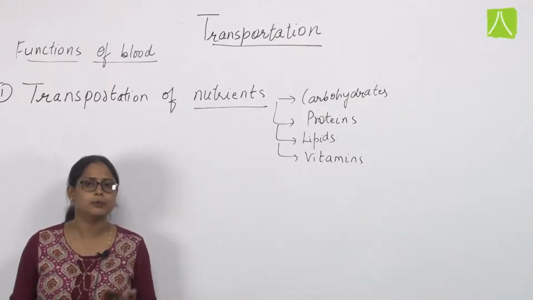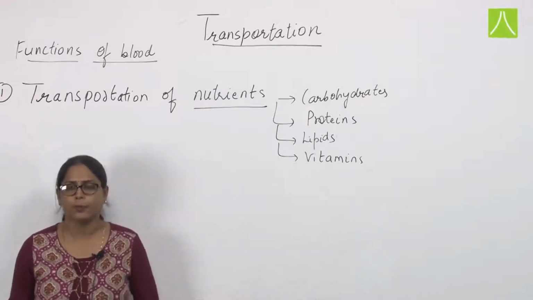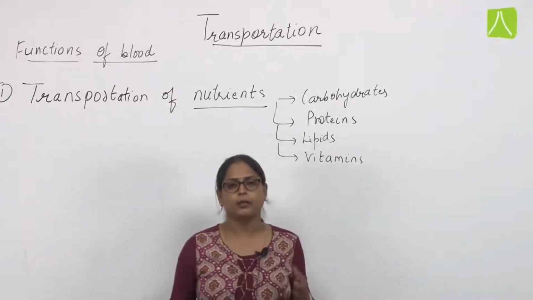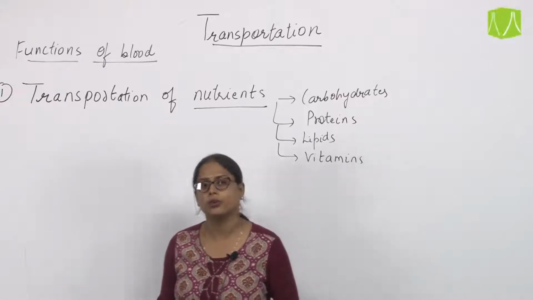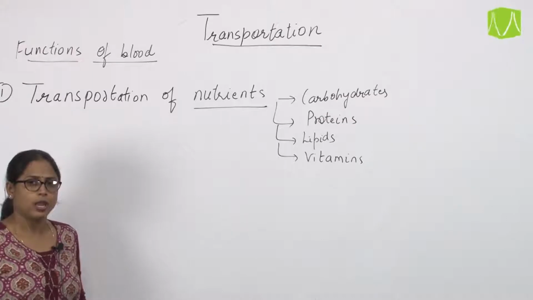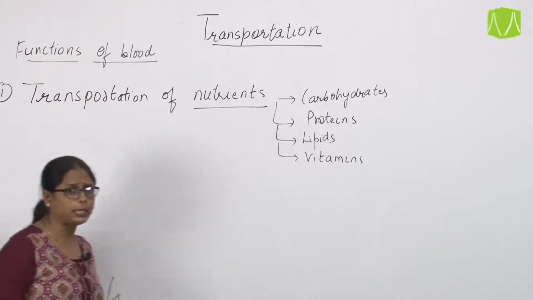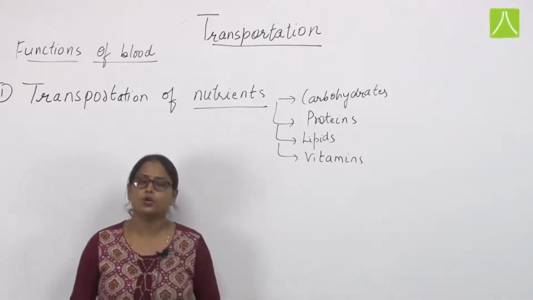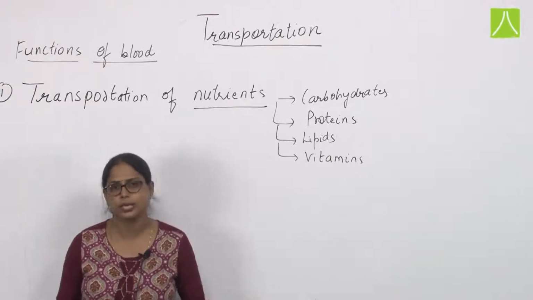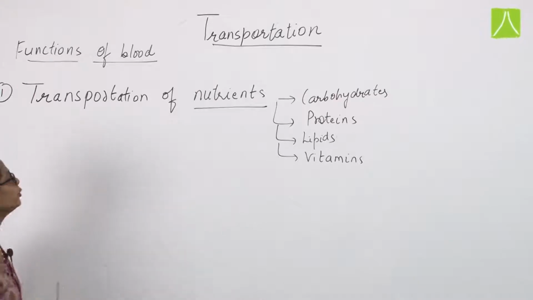The blood then takes these nutrients to different tissues or cells, because cells or tissues utilize these nutrients and break them down completely to release energy. By absorption of these digested nutrients, we get energy in the form of ATP. That is why it is very important to transport these nutrients from the digestive system to different target tissues or cells. So blood helps in this manner in the transportation of nutrients.